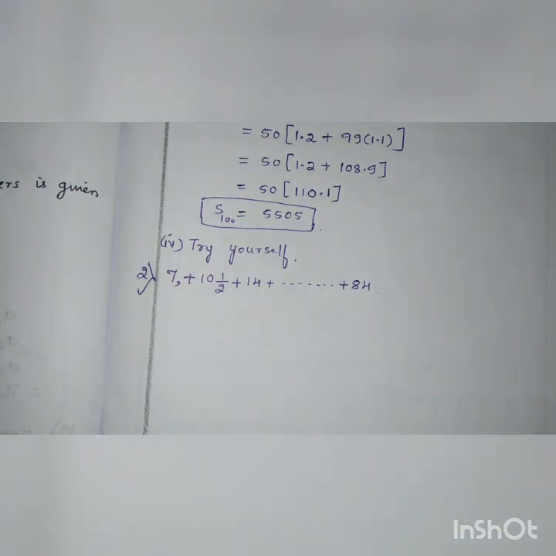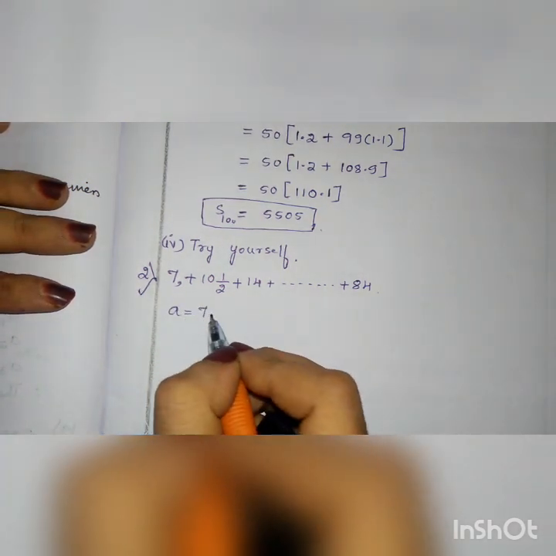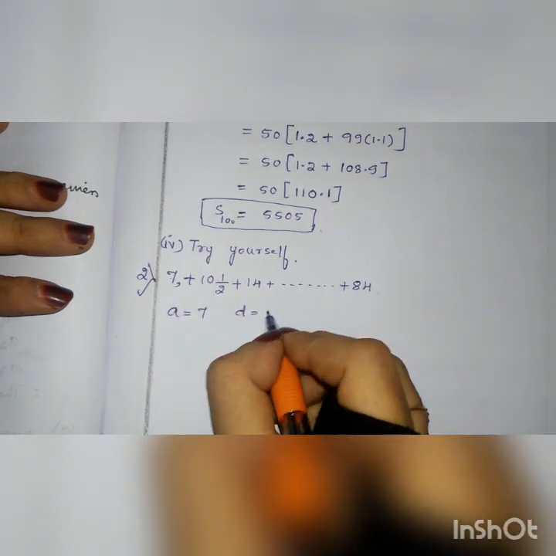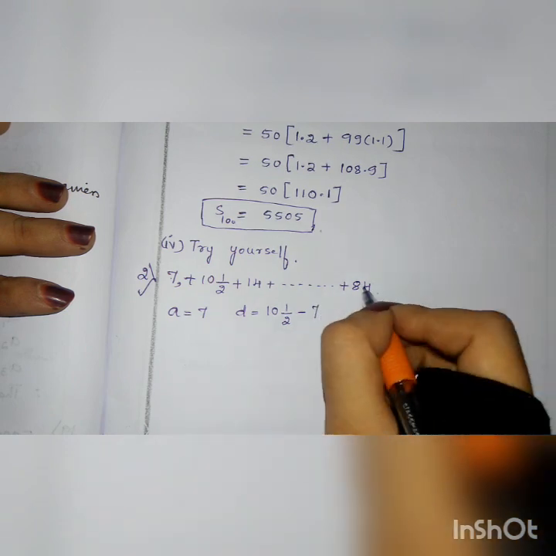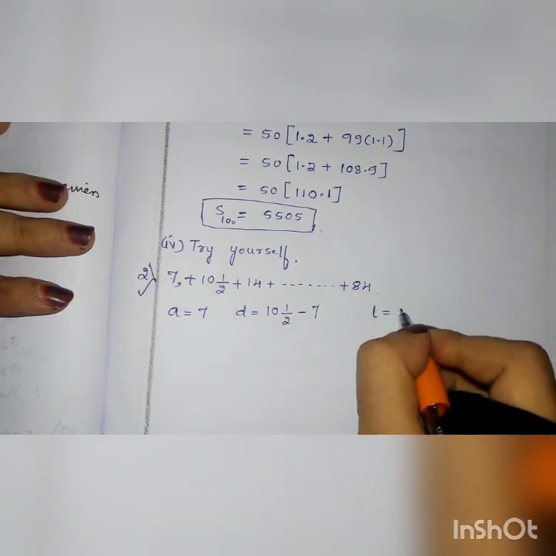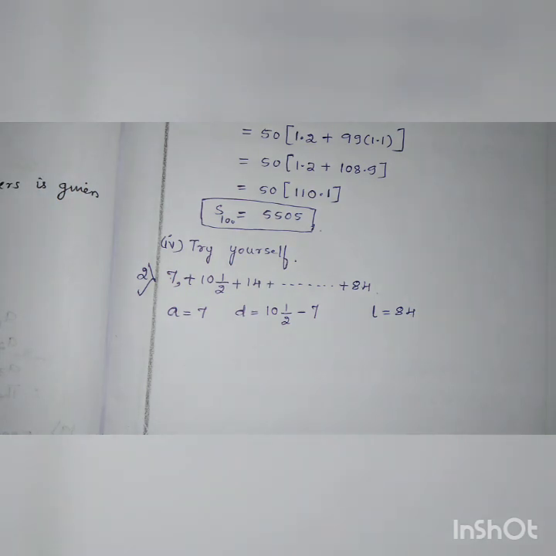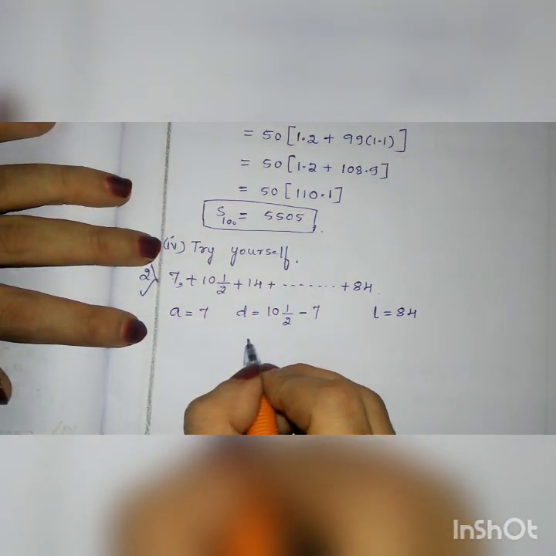But here we know that a is equal to 7. d is equal to second term minus first term, 10 1 by 2 minus 7. And this is the last term L. L is equal to 84. Because I told you in the formula in the beginning, if the last term is given, we have to write L. Now d we need to find properly.